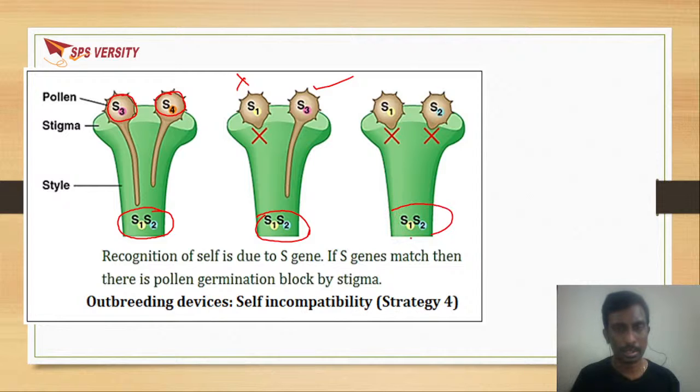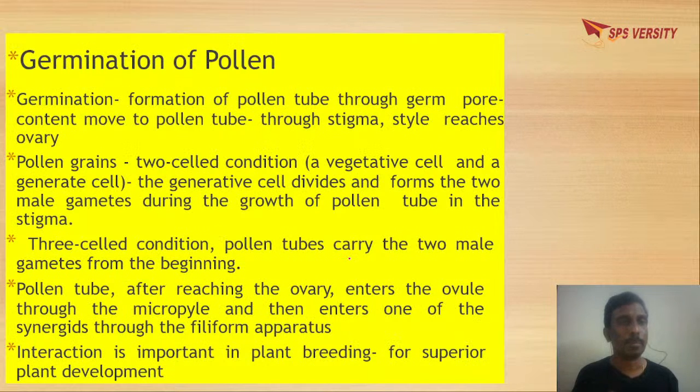In the third case, the pollen grain with S1 is not germinated, and the pollen grain with S2 is not germinated. Here the recognition of self is due to the S gene. If the S gene matches, there is no pollen germination, which is called self-incompatibility.